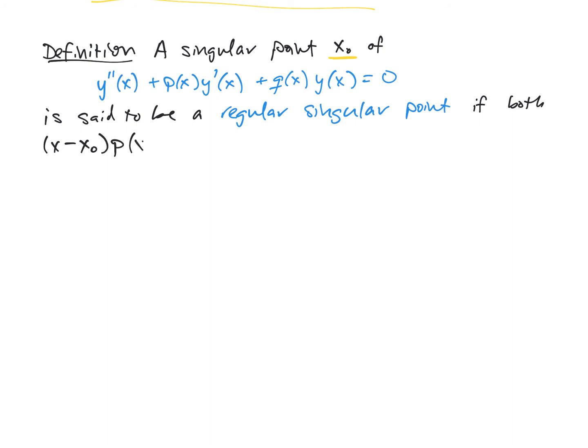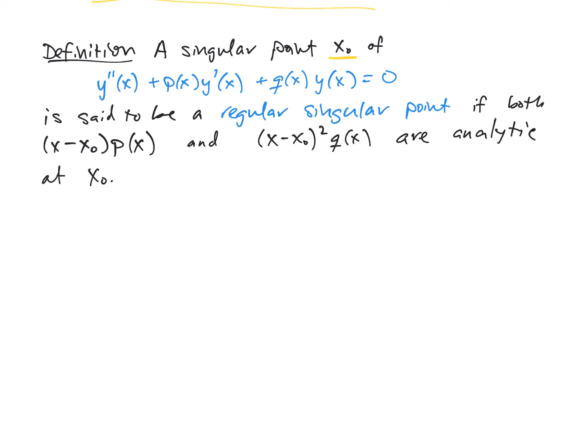So if both (x minus x naught) times p(x) and (x minus x naught) squared times q(x) are analytic at x naught, that fixes the functions at this point.